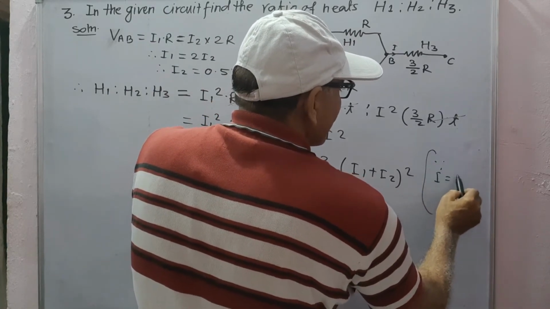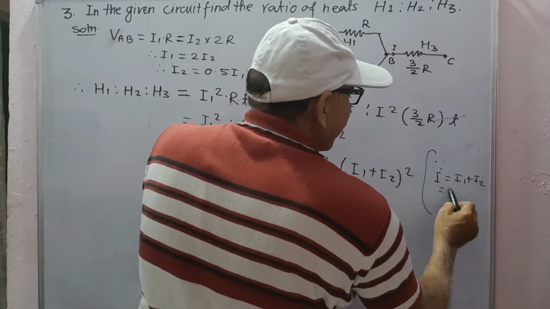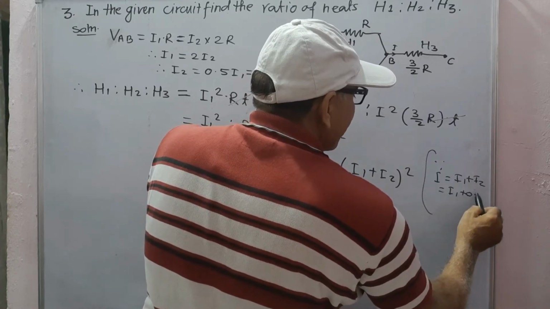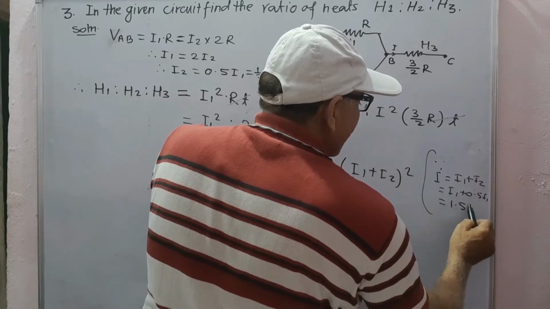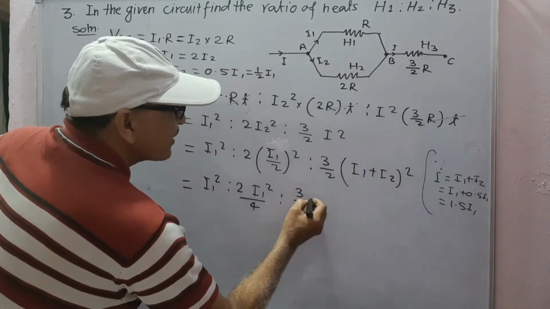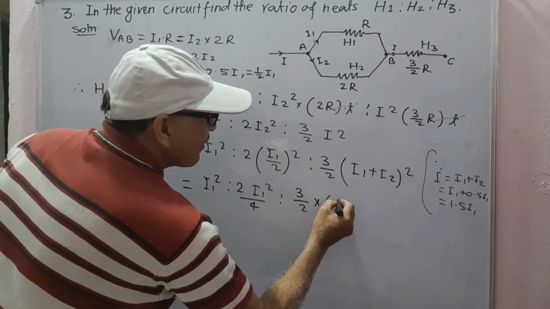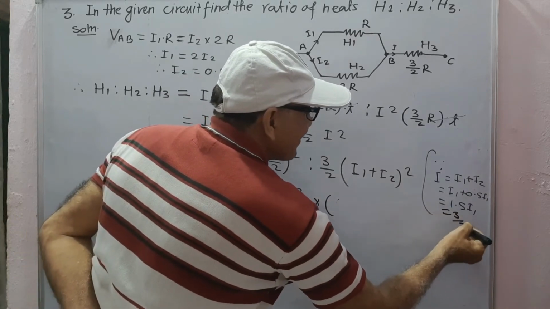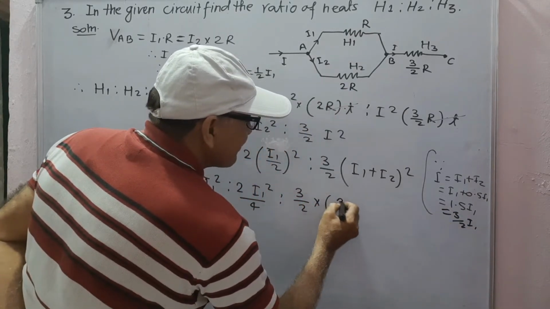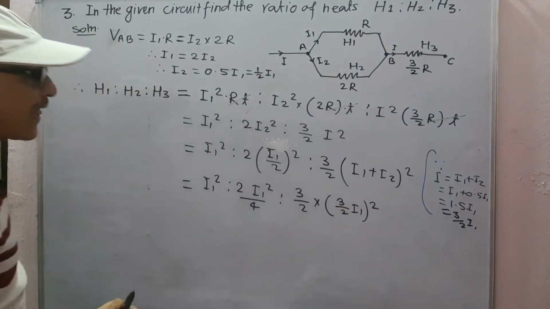I is equal to I1 plus I2, I1 plus 0.5 I1 means 1.5 I1, which is 3 by 2 I1, whole square.